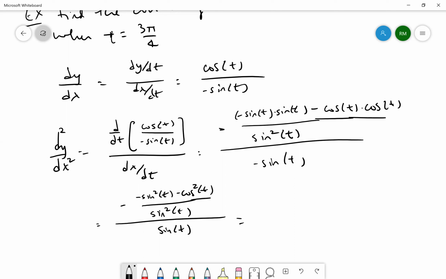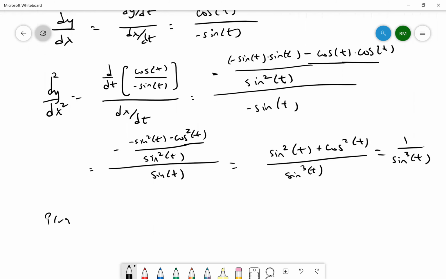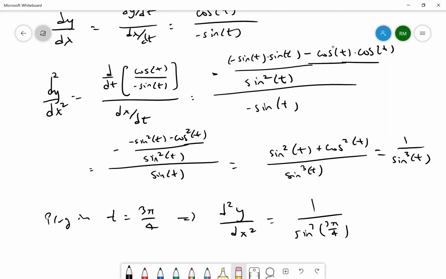So we can distribute this, and we have sine squared of t plus cosine squared of t, and that's 1 over sine cubed of t. So if I plug in t equals 3 pi over 4, the second derivative at that time is 1 over sine cubed of 3 pi over 4, which is 1 over root 2 over 2 cubed.